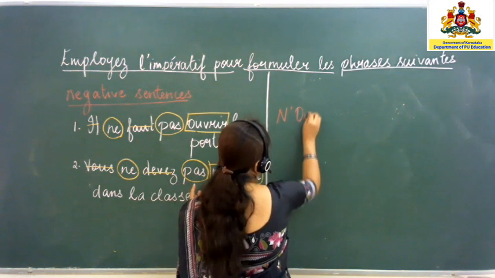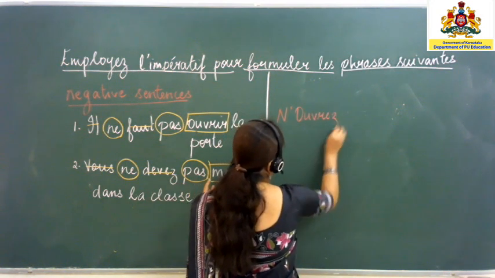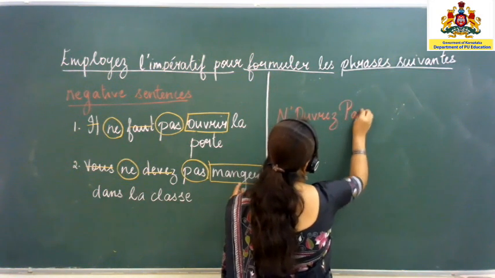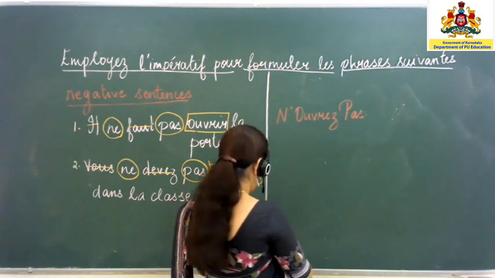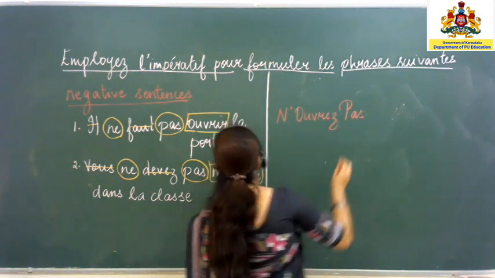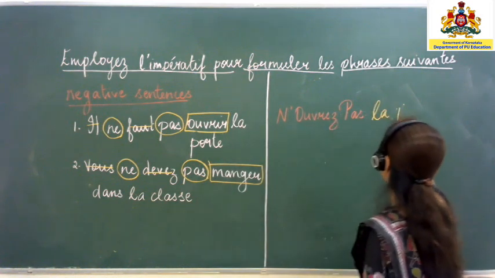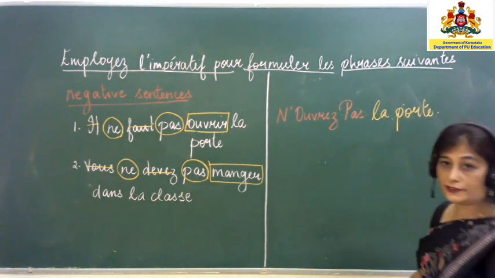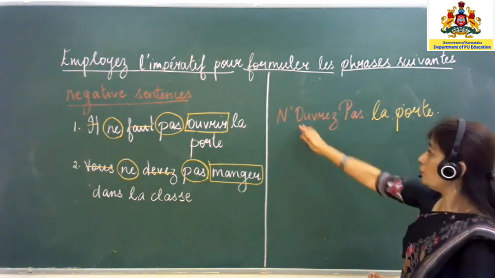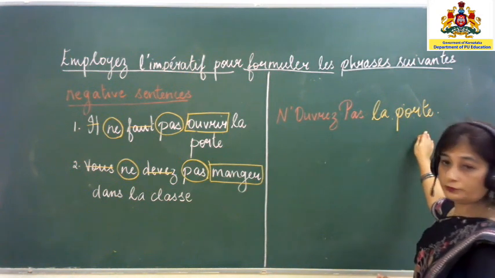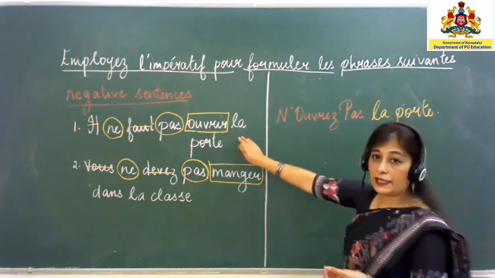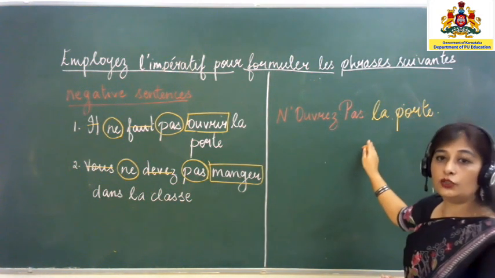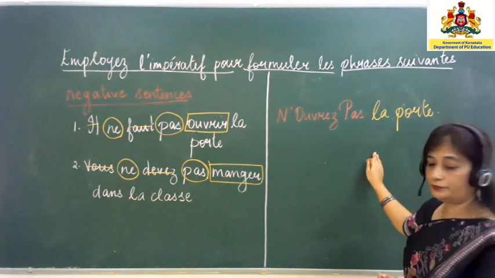So O-U-V-R-E-Z, n'ouvrez pas, and then the rest of the sentence, la porte. Whether you put an exclamation mark or not, it does not matter, right? So do not open the door. Is that clear? Here it is: it is not necessary to open the door. Here we have written it as do not open the door.